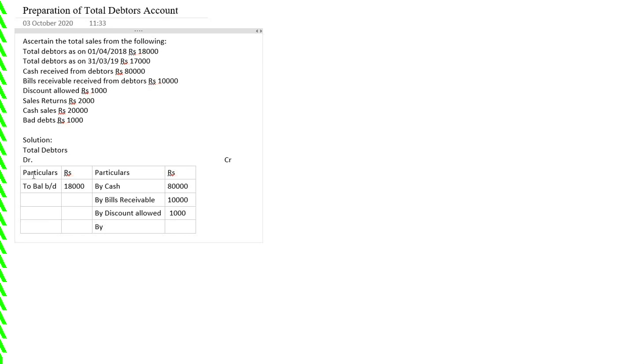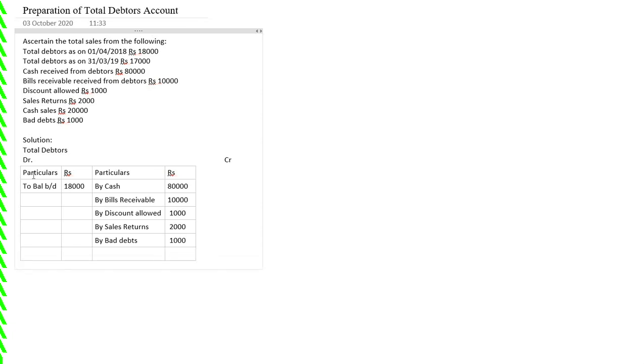So total debtors account is credited by sales returns, which amounts to rupees 2,000. Then when the cash sales are made, that will not be recorded here, because the journal will be cash account debit to sales account here. When the bad debts are there, then the entry will be bad debts account debit to total debtors. So total debtors is credited by bad debts, that is rupees 1,000.